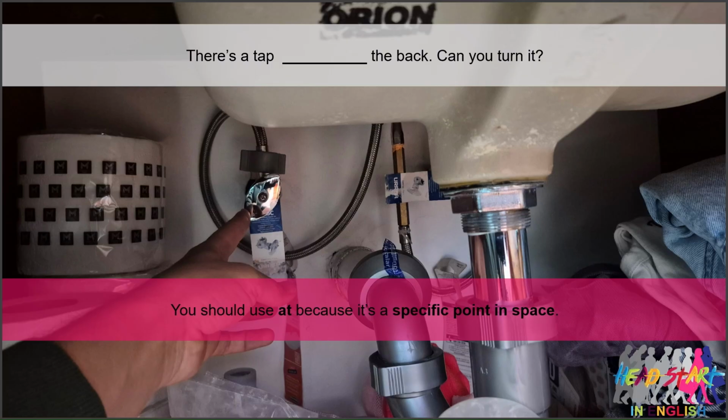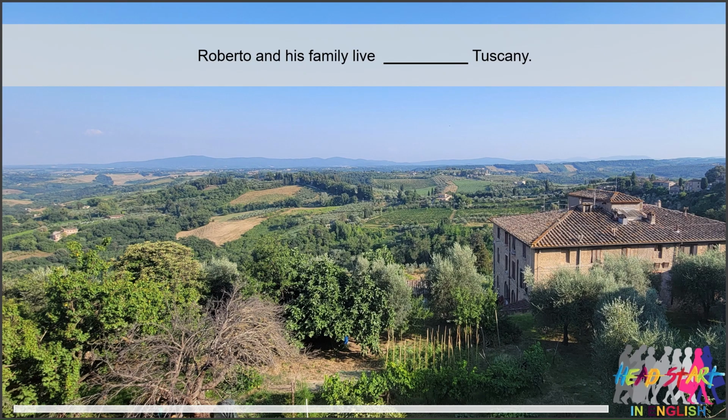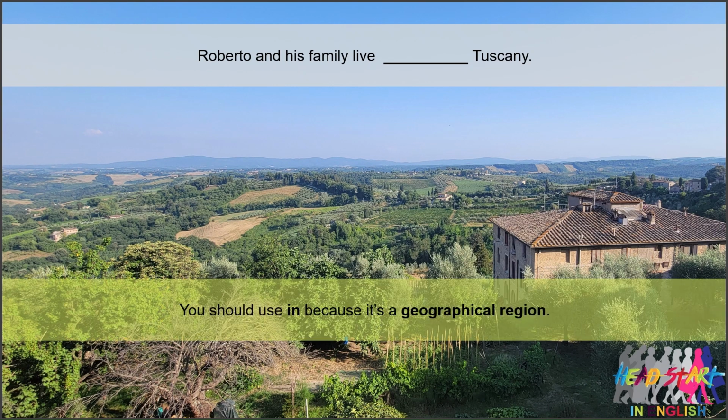Can you turn it? Here we're talking about a very specific point in space, so we should use at as the preposition. Roberto and his family live in Tuscany. Tuscany is a geographical region of Italy.